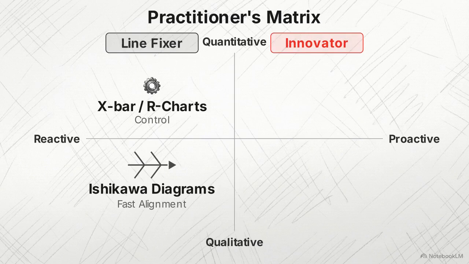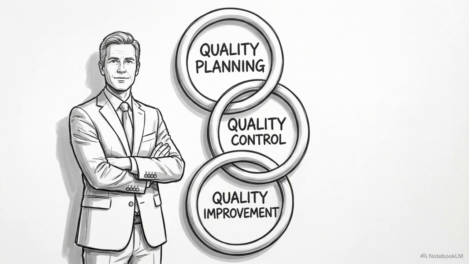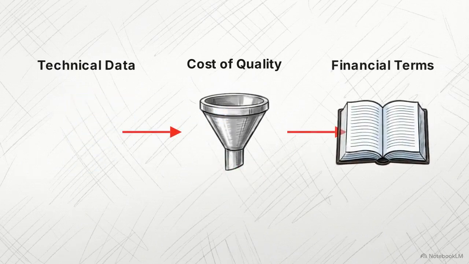Innovators operate differently, using the DMADV framework and FMEA predictive modeling to build proactive, quantitative safeguards into new designs. Meanwhile, an executive sponsor focuses strictly on macro frameworks like the Juran trilogy. They utilize the cost of quality system to translate technical floor data into the financial terms required by the boardroom.